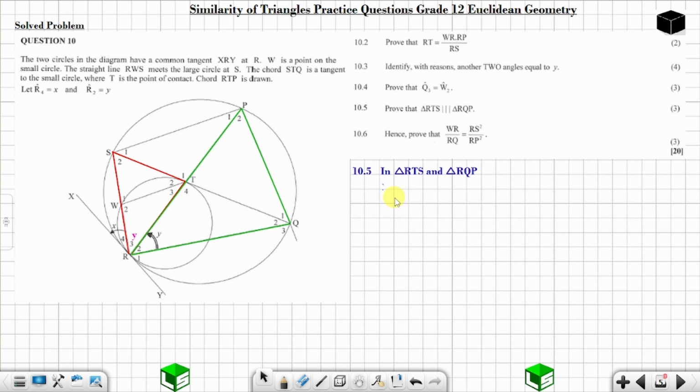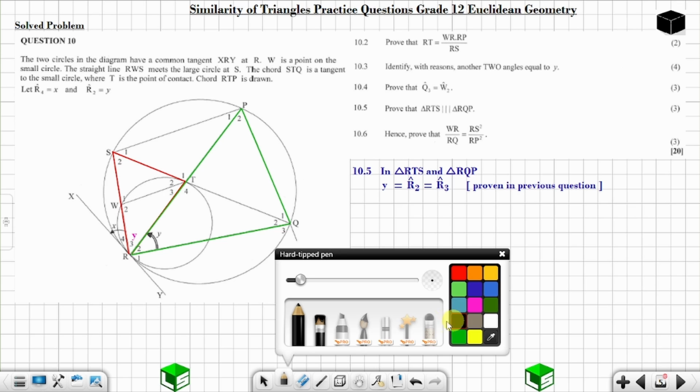So you have Y is equal to the angle R2 equal to the angle R3. The reason is, you can say, proven in the previous question. Okay, we carry on. You can see, let me show you.